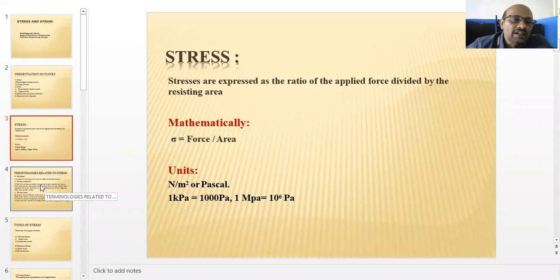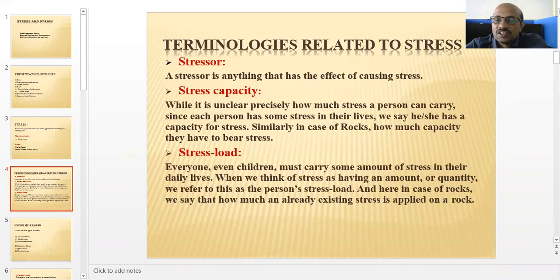Now we will see the different terminologies of stress. One is stressor, another is stress capacity, and another is stress load. A stressor is anything that has the effect of causing stress.